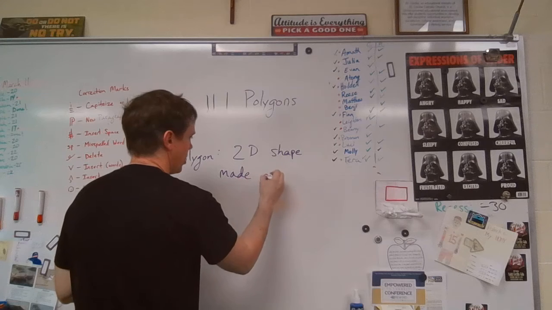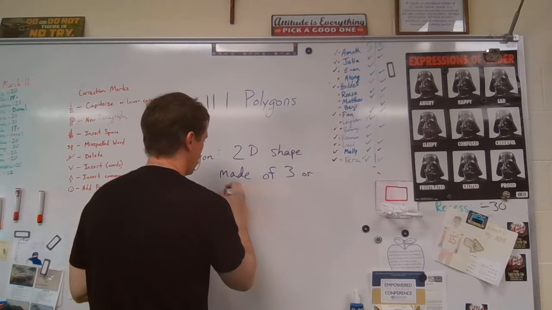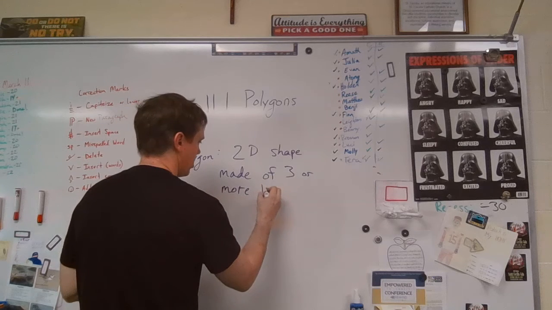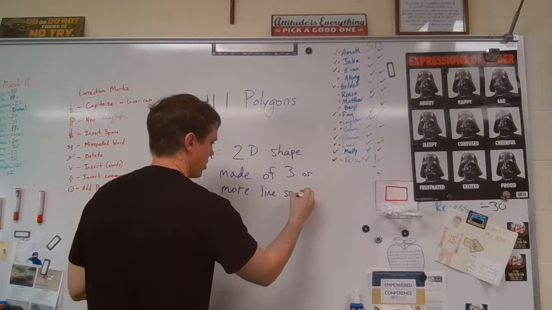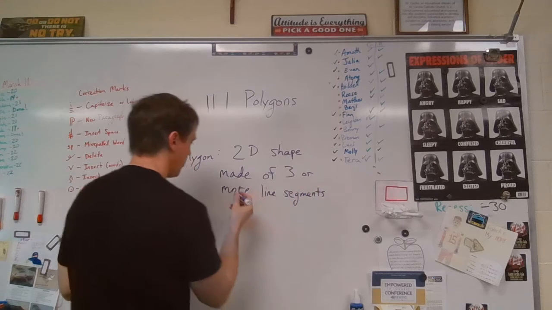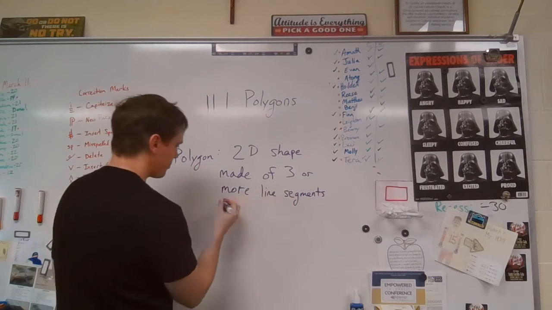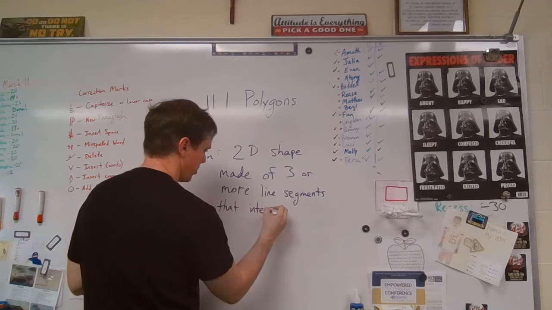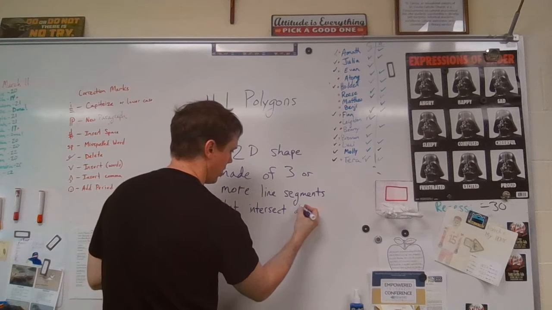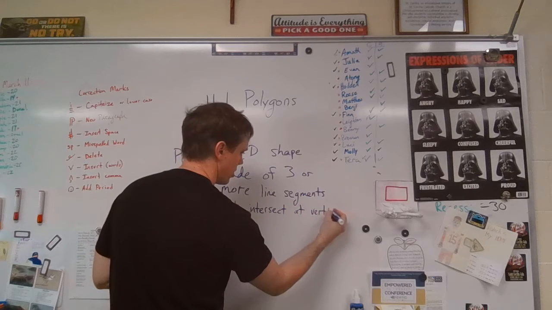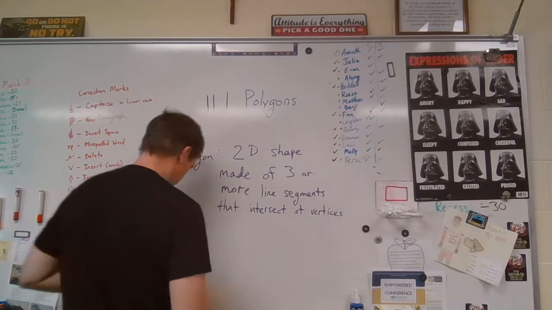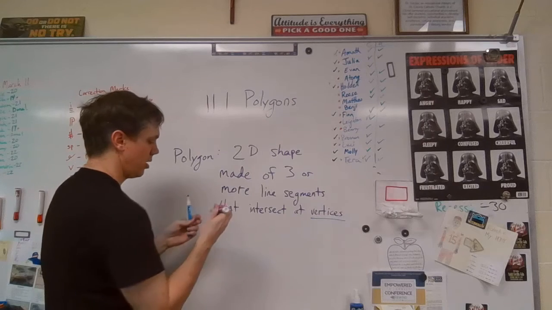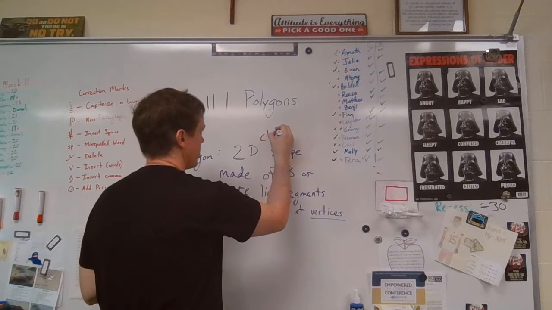It's made of 3 or more line segments that intersect, so they run into each other at vertices. Okay, so let's talk vertices real quick. Oh, and sorry, it's a two-dimensional closed shape.